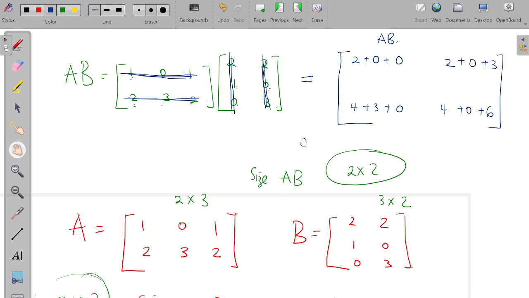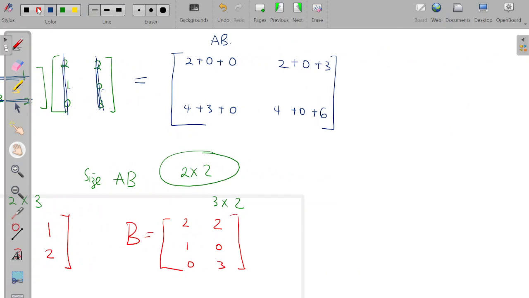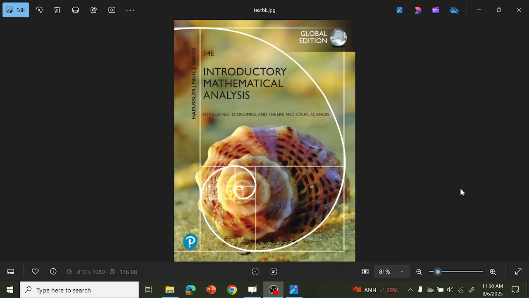All right. So after that multiplication, I then do my addition. This is 2. This is 5. This is 7. This is 10. So you can see we have our 2 by 2 matrix. Please, this is very important. Ensure that you understand.